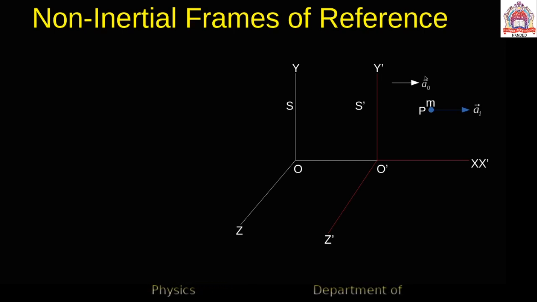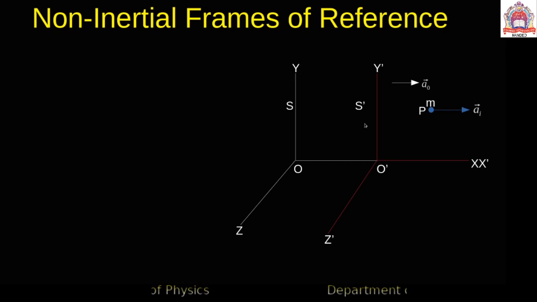So S dash is in motion relative to S. If we consider the first frame to be inertial, then the second will be non-inertial, because we are considering this inertial frame to be stationary while S dash is moving relative to S, or vice versa.